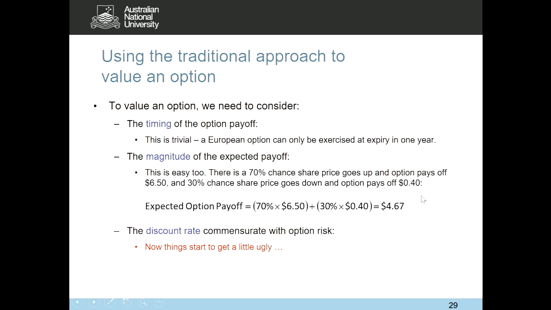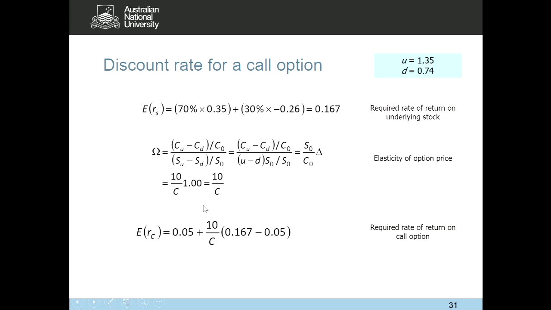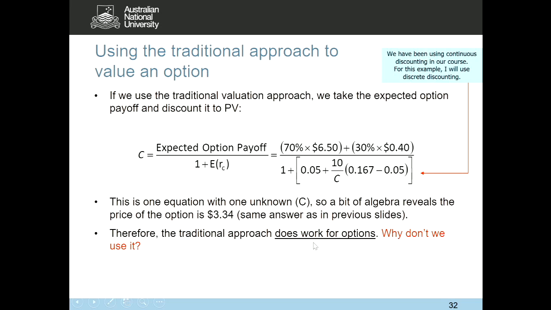So we'll work out expected payoff on this call option is $4.67, and we're going to use this discounting rate, so this entire equation, to discount $4.67 back to the present. So let's do that. So that is the expected payoff on the call option, $4.67, and that is our discounting rate, right? Because we don't know what the call option is, we simply leave that as an unknown variable, and that would equal to C.